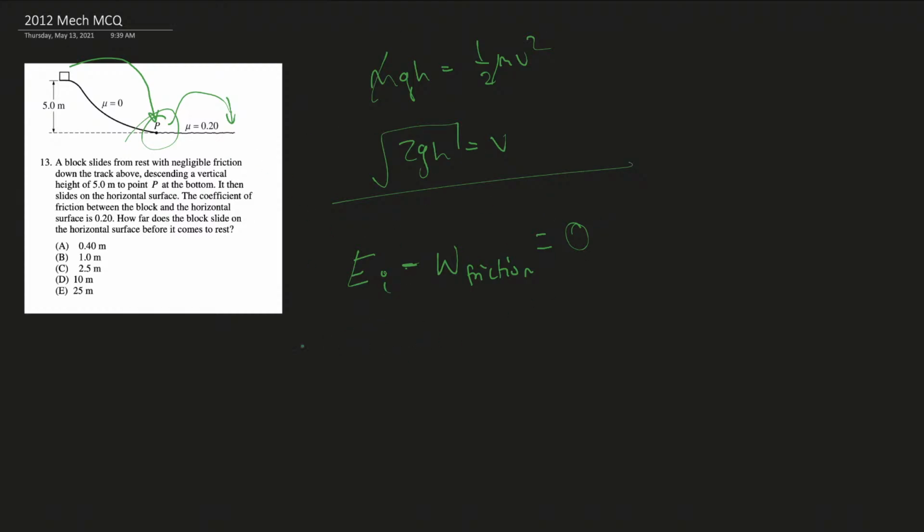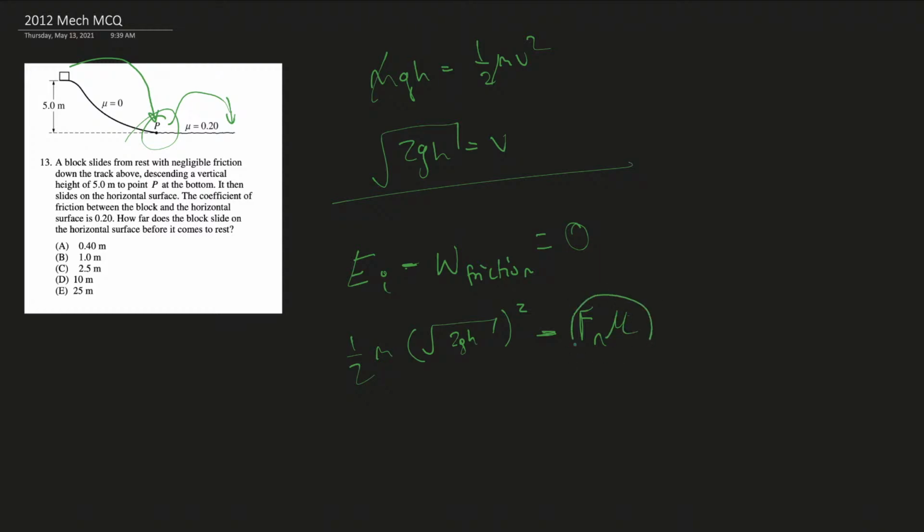So initially we had 1/2 m, and then rather than using v, we'll just use this quantity, the square root of 2gh squared, minus the work done by friction. For this, you're going to have to do force times distance, but here the force acting on it is friction, so you can do the normal force multiplied by mu naught.